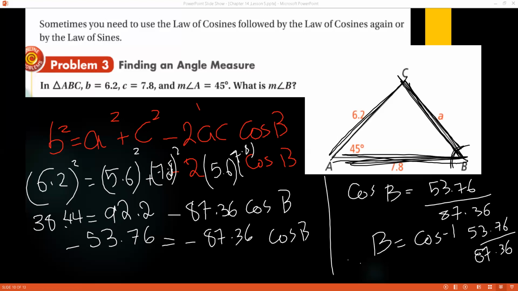Then cosine inverse of 53.76 over 87.36. So B will be 52 degrees. This is a way here how to find the measure of angle B.